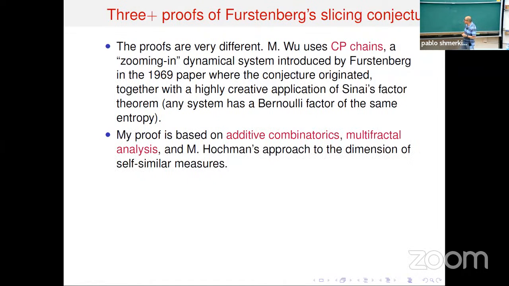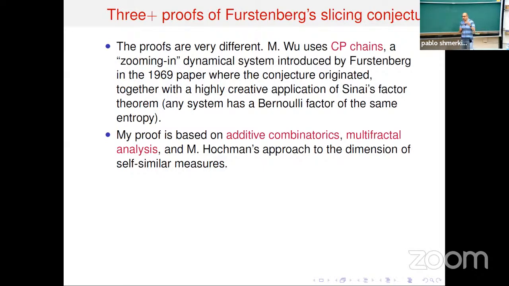So my proof is completely different. It uses a little bit of dynamics, but not too much. It uses some properties of uniquely ergodic cocycles, which is some dynamics, but not too much. But otherwise, it is strongly based on additive combinatorics, in particular, the Balog-Szemerédi-Gowers theorem and some ideas of Jean Bourgain that I will talk about a little bit if I have time at the end of the talk. And it uses something called multifractal analysis, which in this case involves some L^q norms of some measures.